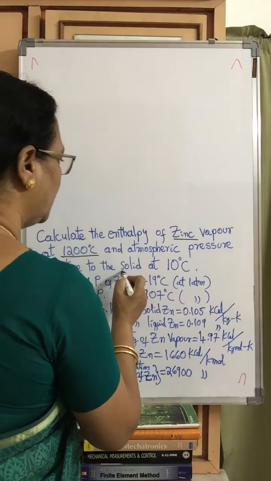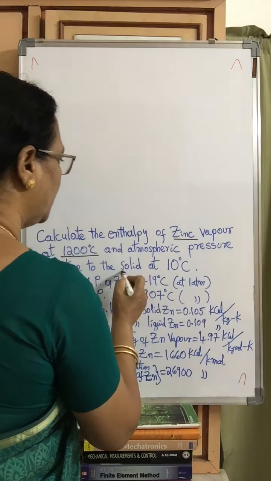So this is the diagram to explain this problem. The whole problem we are showing in the form of a diagram here. Initially you have zinc in the solid form. Solid zinc is heated from 10 to 419.